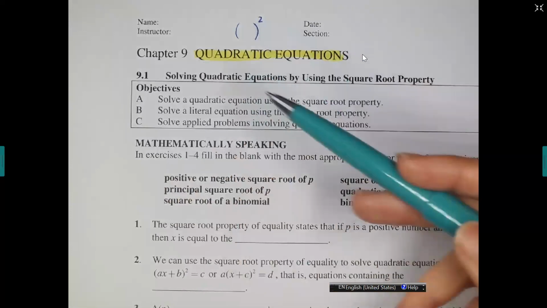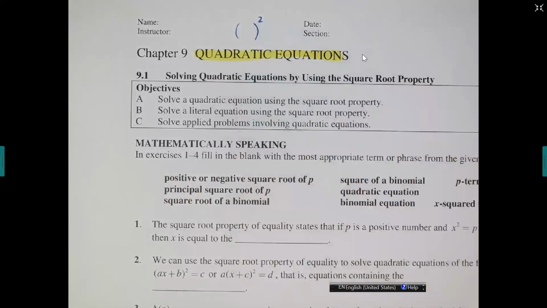That is called the quadratic equation. What we are going to do in chapter 9, we will learn to solve any quadratic equation, no matter whether we are able or not able to factor the left side of the equation, and we will be able to solve all quadratic equations.